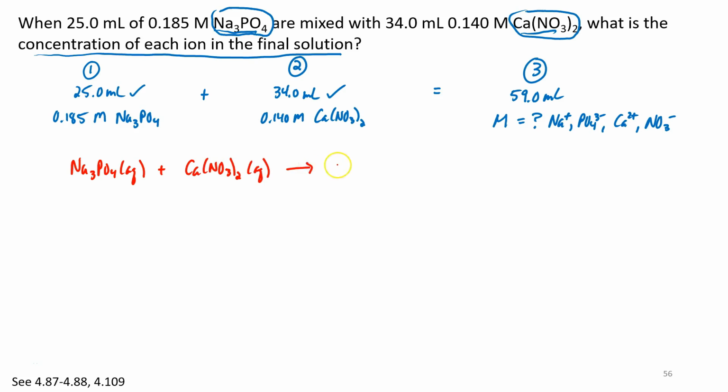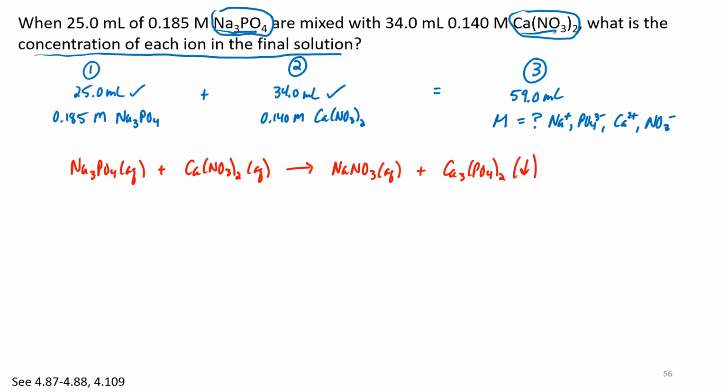And our first product is going to be sodium nitrate, and all group 1A salts are soluble and all nitrates are soluble, so that's aqueous. And our other product is going to be calcium phosphate, and phosphates are insoluble for the most part, so this is our precipitate. So a reaction does occur between these two salts. I'm glad we wrote out the equation.